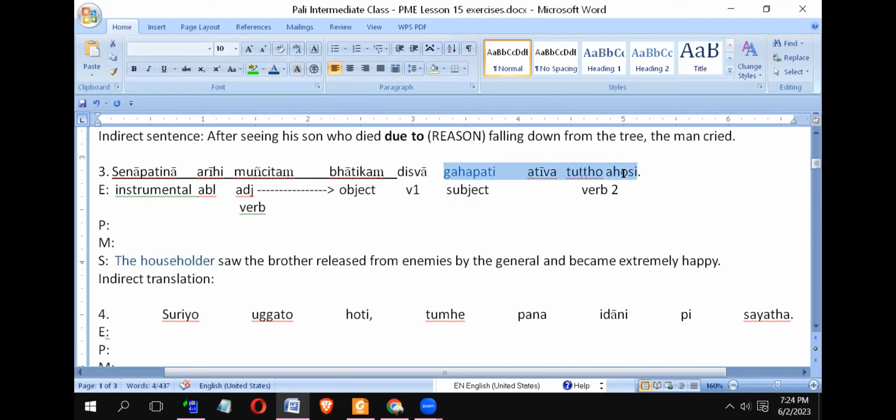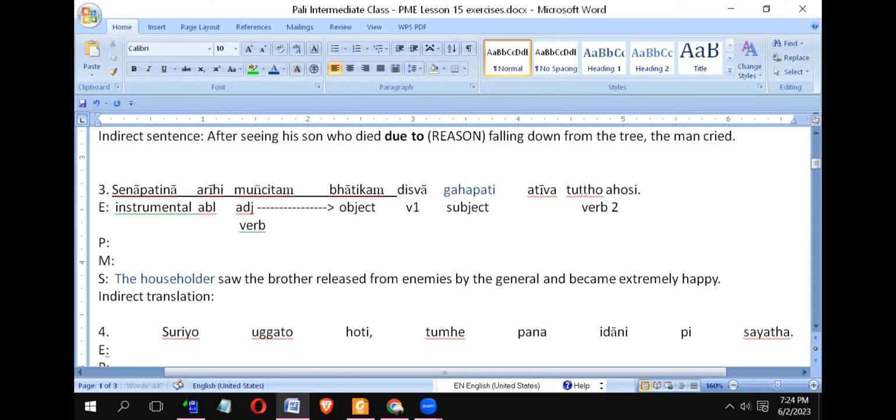Main word is very happy. Ati eva is extremely, okay. Tuttho, okay. Tuttho, I think if you notice that this is also past participle. Which past participle? Okay, today we see this one. Okay, we go for Muncinta later. So let's look for Tuttho. And you notice that this is T dot.